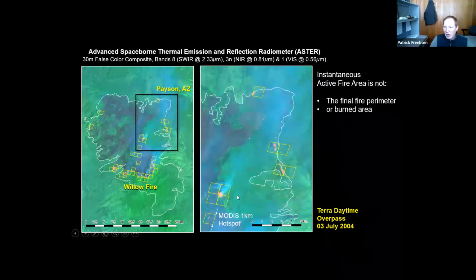And then in the background is 30-meter resolution imagery. And if anybody's ever run FARSITE, you know those are 30-meter landscape files. I would say it's very difficult to use MODIS to evaluate a fire spread model. What you'd want to do is look for a finer spatial resolution active fire product.